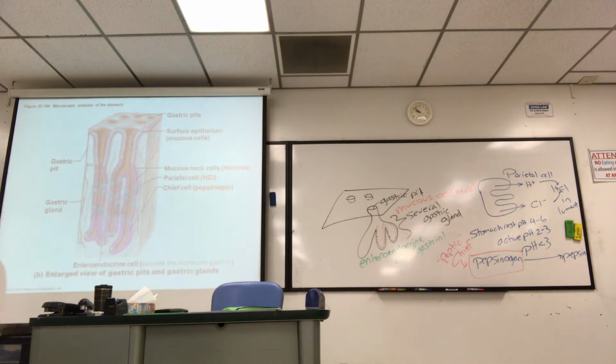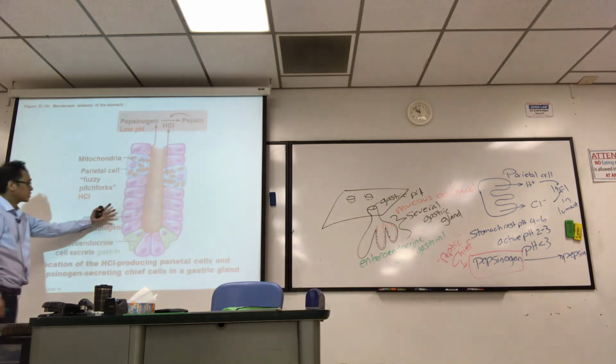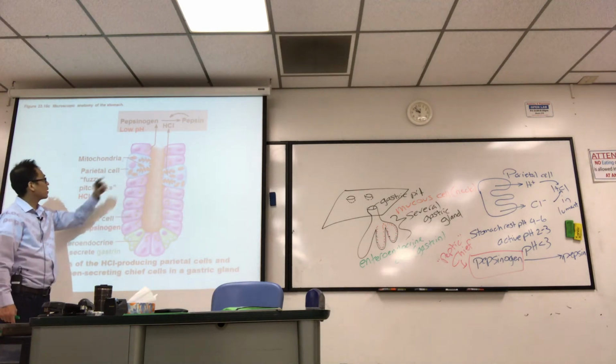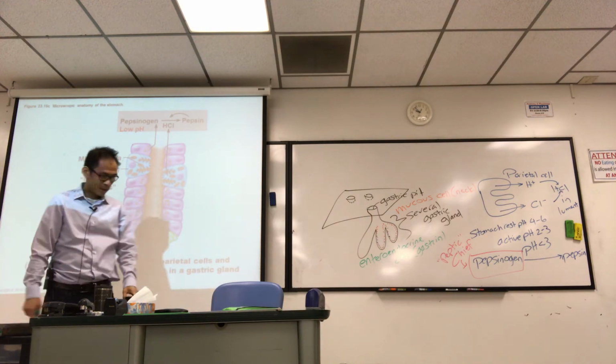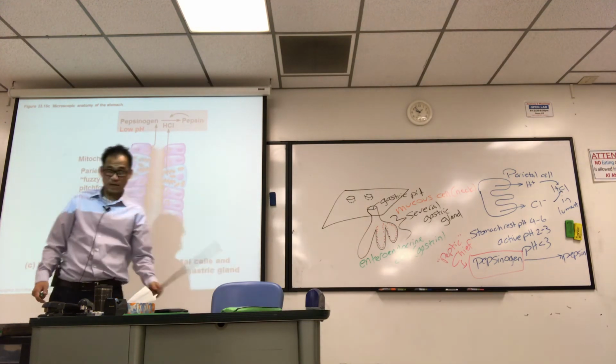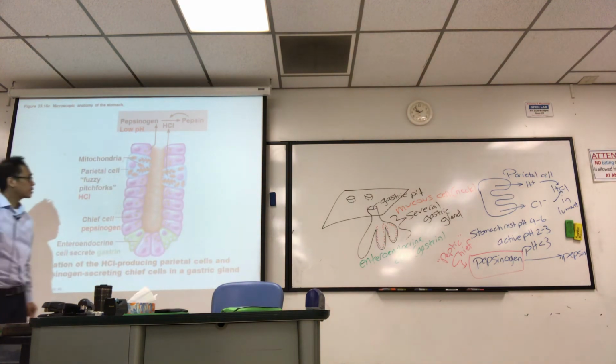Illustrated for you quite nicely in the Marieb textbook. So again, closer up, chief cell, purple on this slide. Got these mitochondria inside the parietal cell because you're pumping against the gradient. Enteroendocrine cell is green.